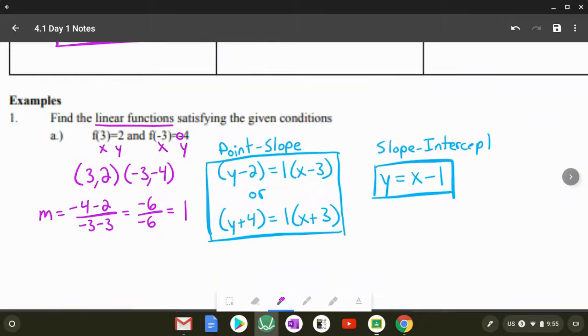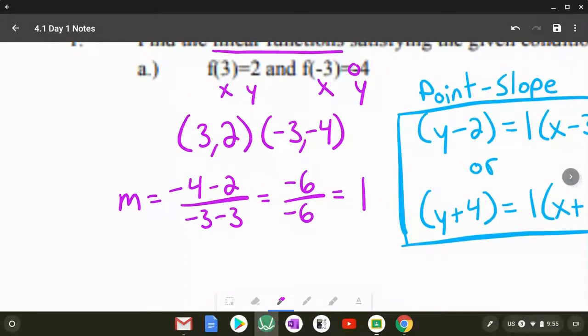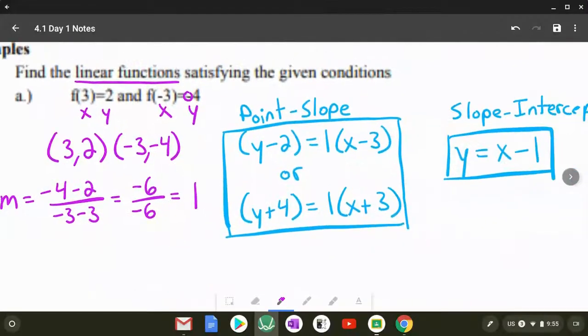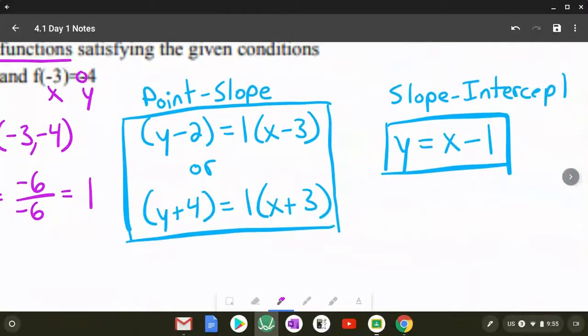So as we go through this, down here we had those 2 points. We first had to find the slope. You cannot write a linear function unless you have the slope, because it's a linear function, it has to have a slope. So you take 2 points on that line and find the slope. We found that the slope was 1, and then we could write it in either point slope form or slope intercept form.